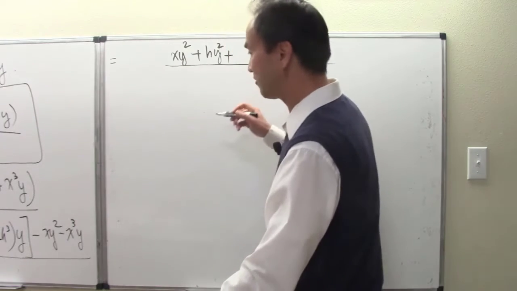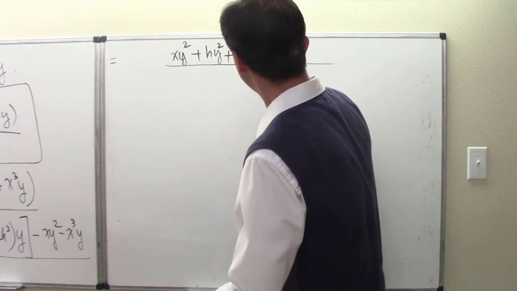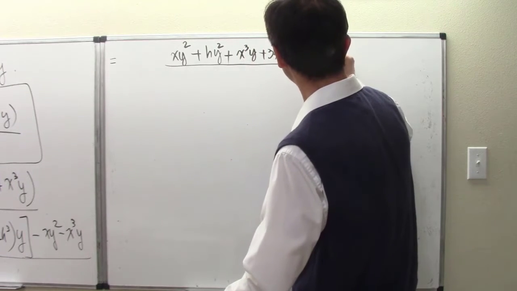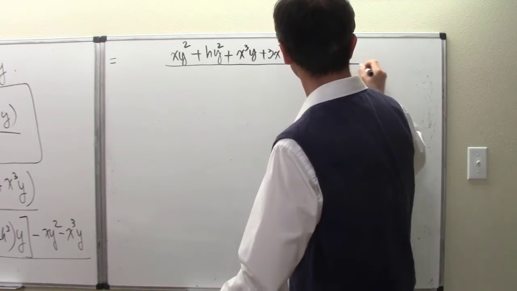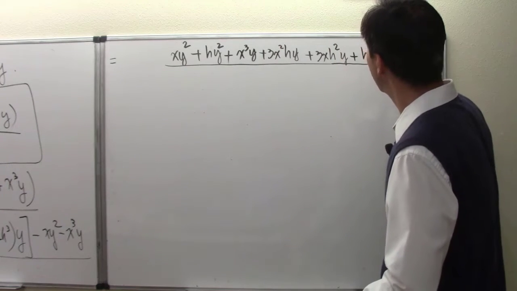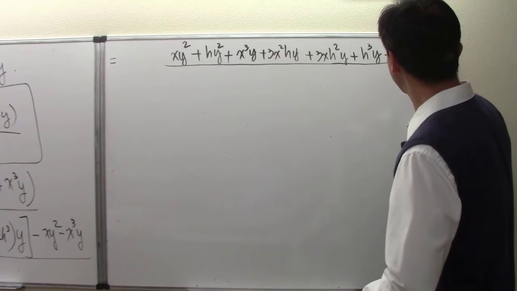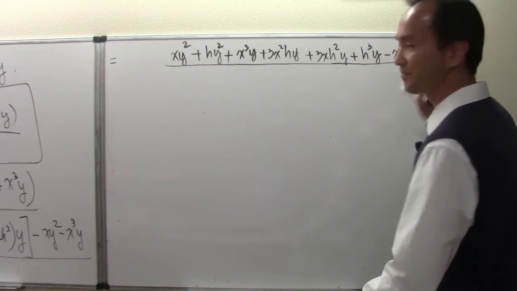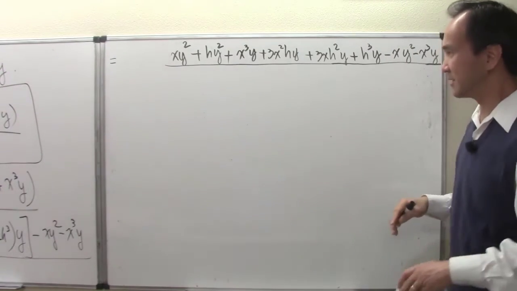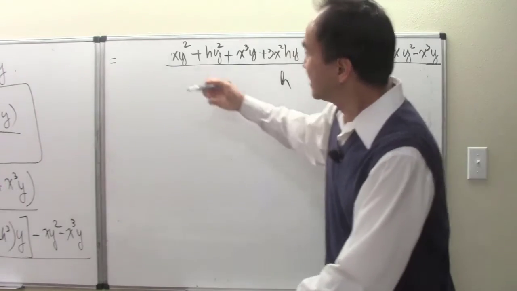So in that way, I'm looking at x cubed y plus 3x squared hy plus 3xh squared y, and then plus h cubed y, and then minus xy squared minus x cubed y. That's the numerator after all of the work expanding out all the terms, and we're still dividing by h.